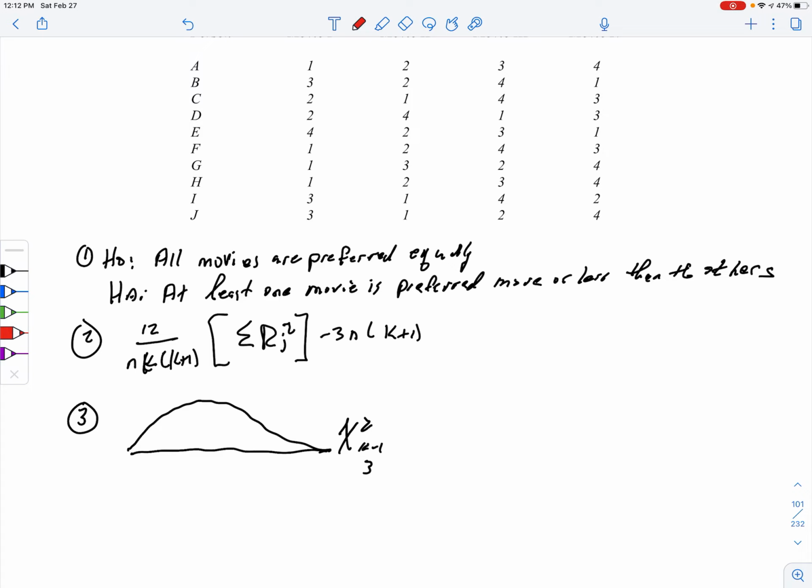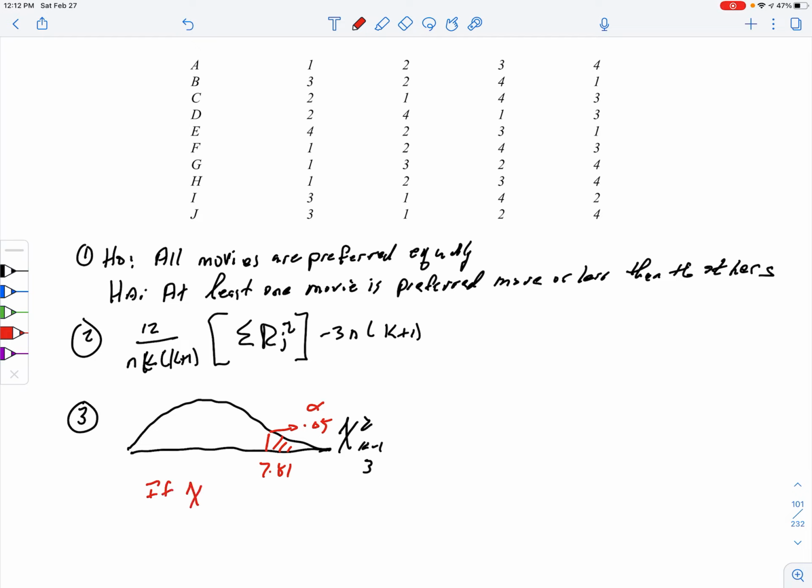And we saw in the last video that turned out to be 7.81, for an alpha of 5%. So if chi-square star is greater than 7.81, you're going to reject H0. I'm going to assume that you know how to find that number on a chi-square table. If not, come and see me.